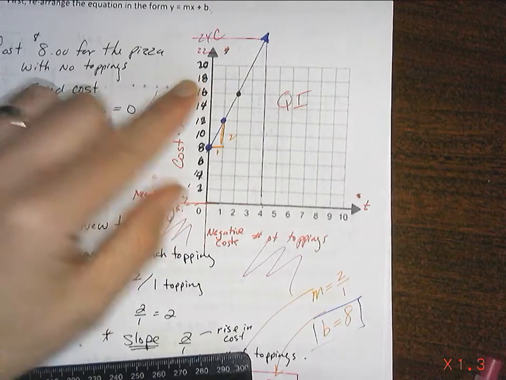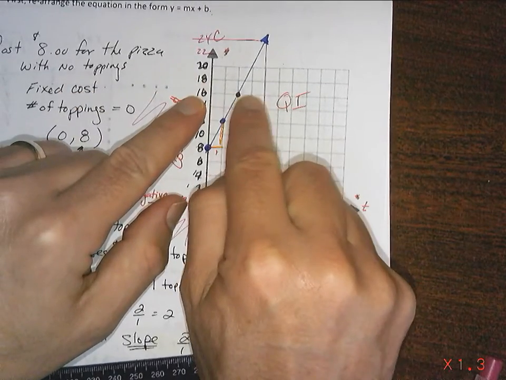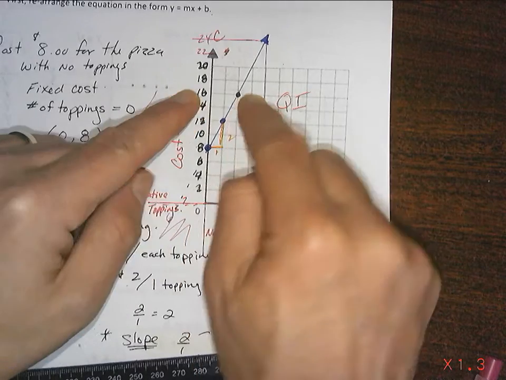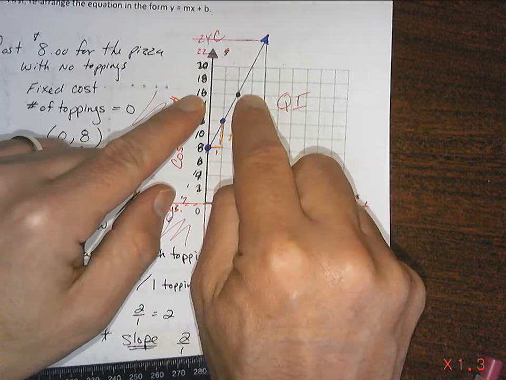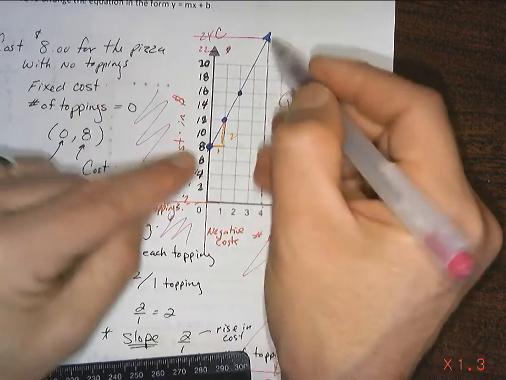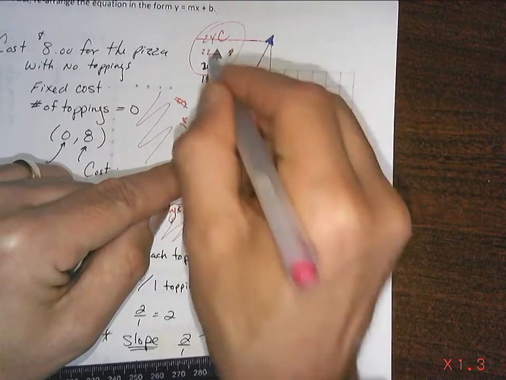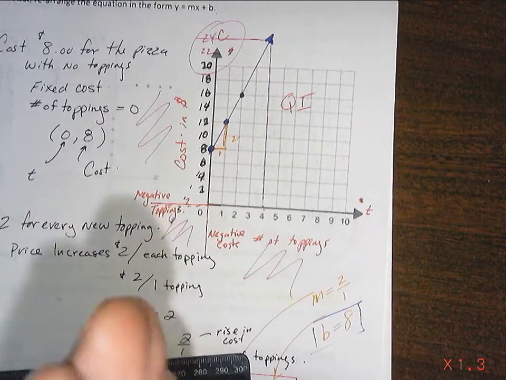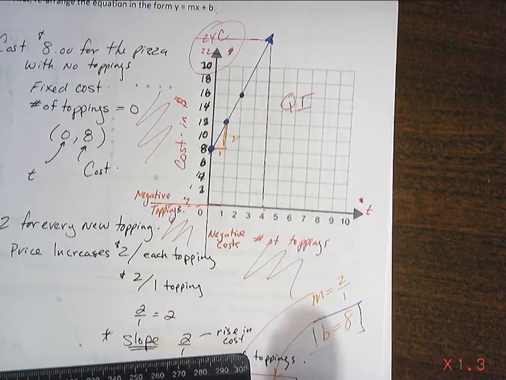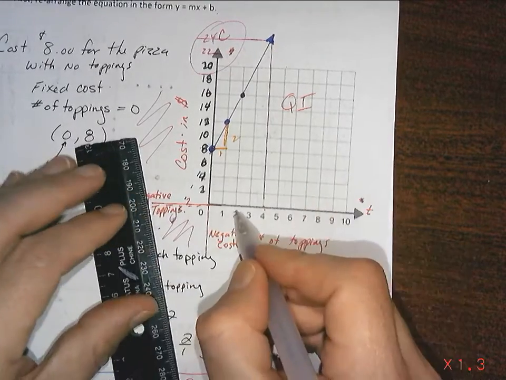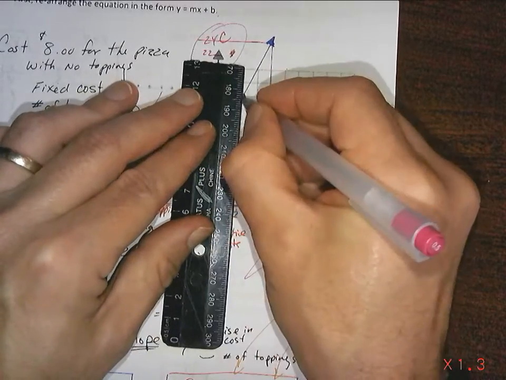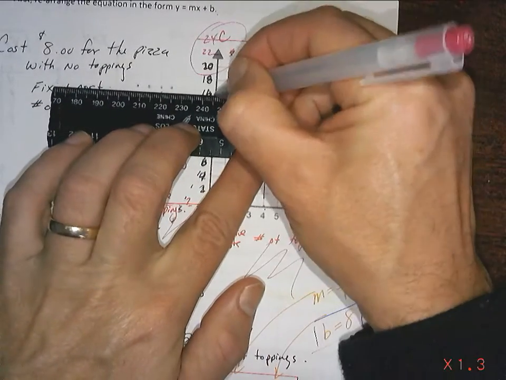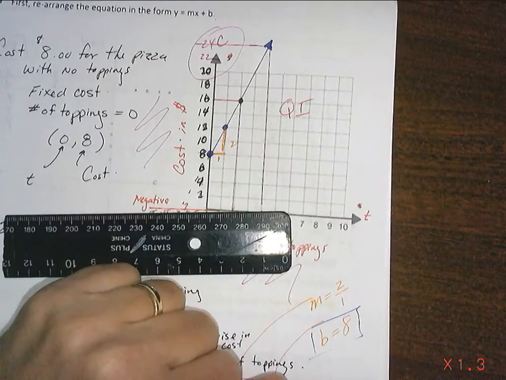And let's see if that kind of works. I'm at 16. Should go over 1, should go up 2, so 14. Might be a little bit high. So this, again, because my scale's not perfect here, this is an estimate. So we wouldn't really want to do that without making sure that it included our scale. But what we can do is take a look at 2 toppings, and we know that 2 toppings are going to cost us $16. Okay?